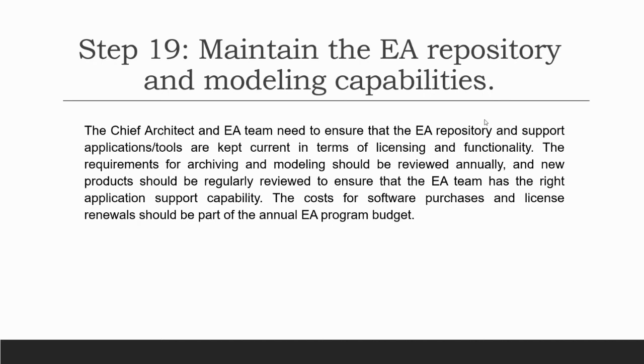The team should be on the lookout for new enhancements in tool functionality that may be used for enterprise benefits. Software purchases and license renewals should be included in the yearly EA program budget.